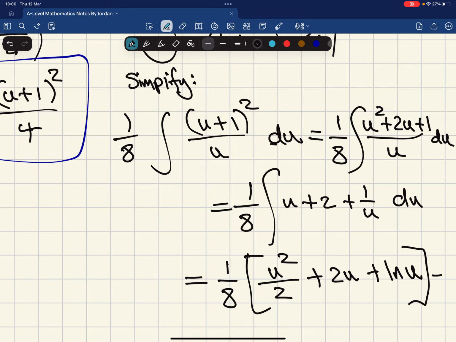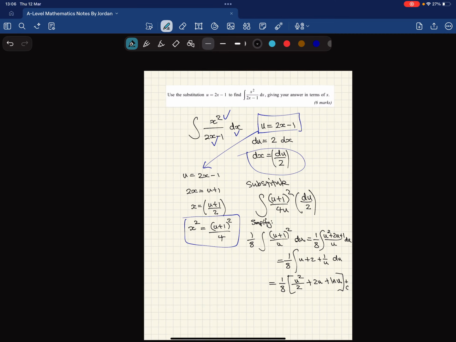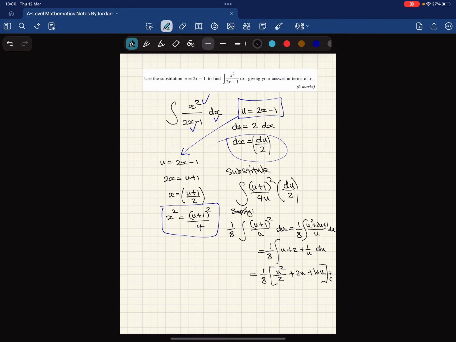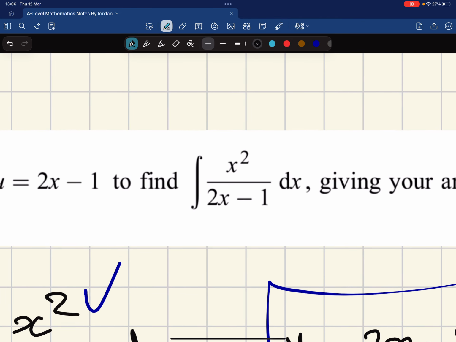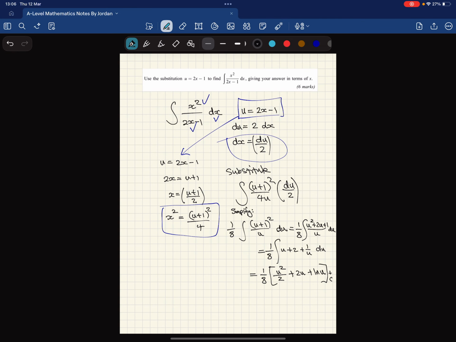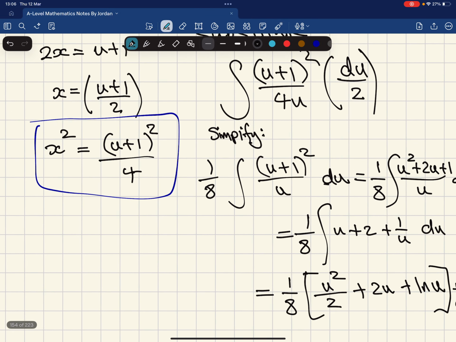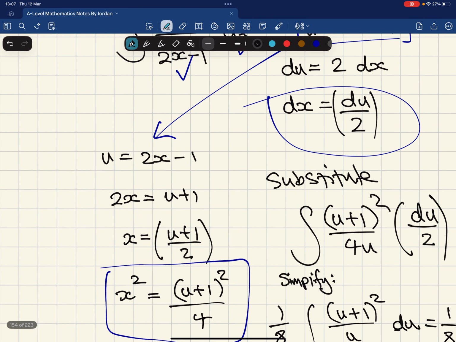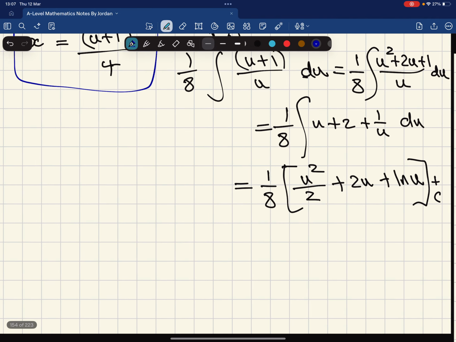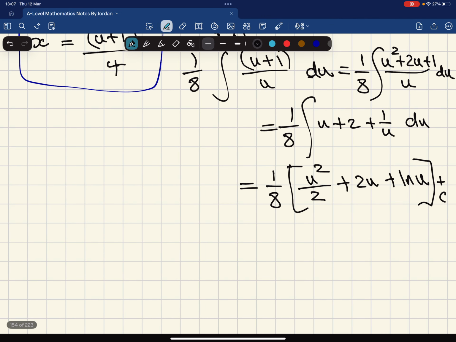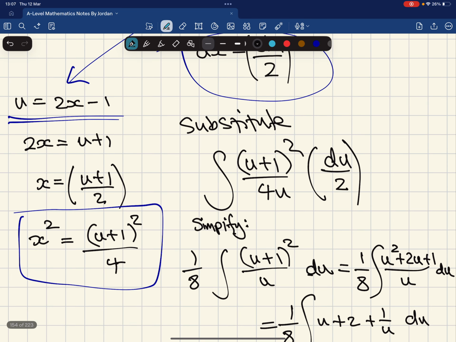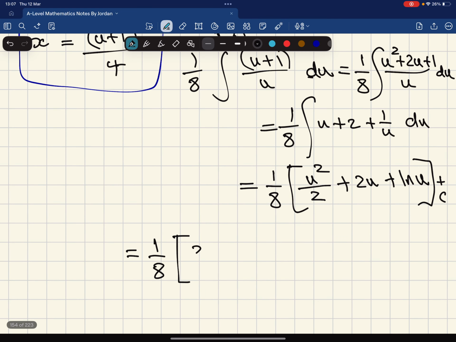Don't forget your plus c on the end again, since there's no limits on that, remember, so it's indefinite. And the last thing is to remember u is 2x minus 1. Please don't lose that mark at the end for forgetting to substitute it back in. So what was it? 2x minus 1.